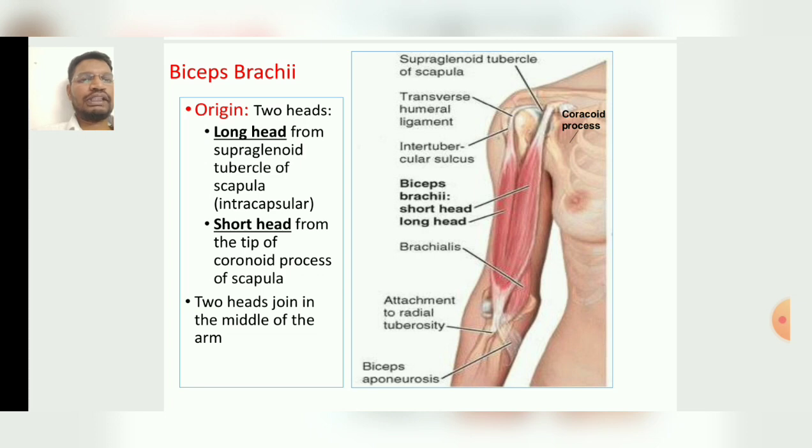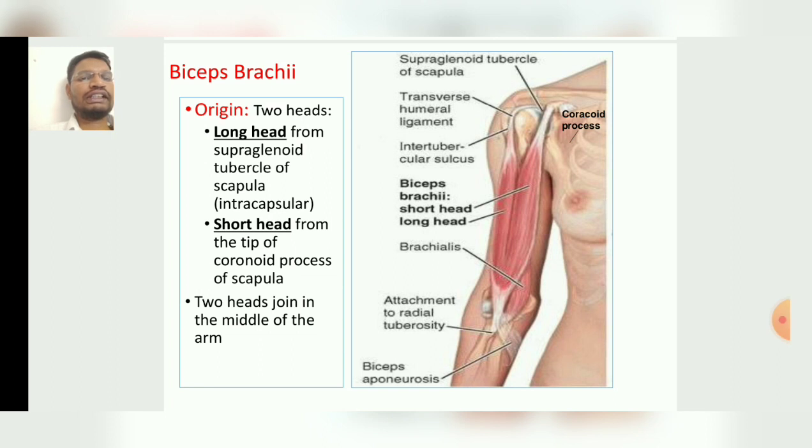Coming to the next topic, that is the individual muscles. Starting from the first individual muscle, that is the biceps brachii. Starting from the origin, this muscle has two heads.